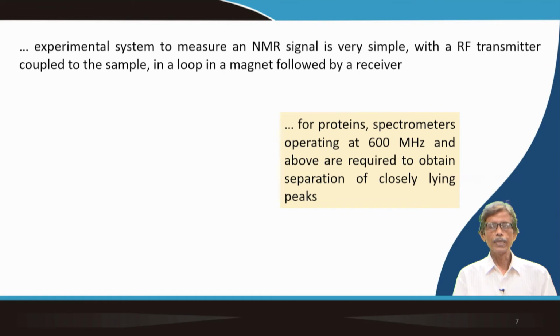But to study proteins using these spectrometers, we need a higher level of spectrometer, say 600 megahertz. If you have a 600 megahertz NMR spectrometer, we will be able to measure biomolecules, different proteins, because of the separation of closely lying peaks, since we are talking about huge macromolecules.